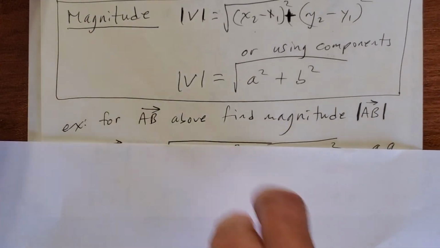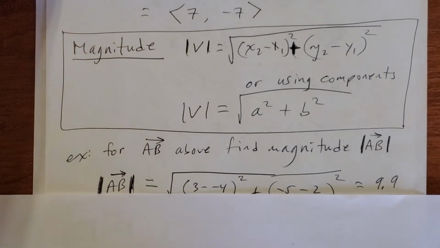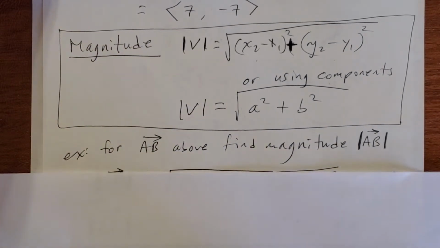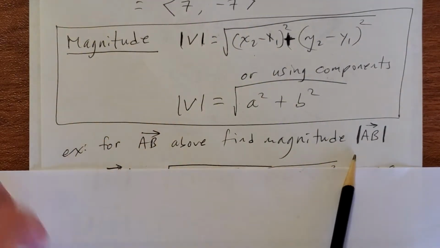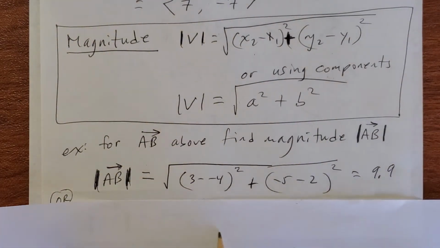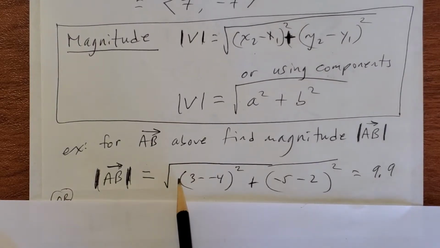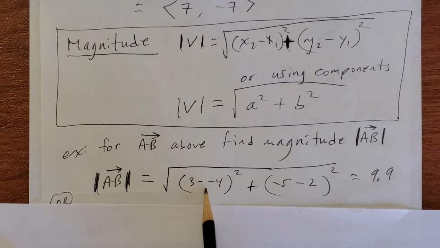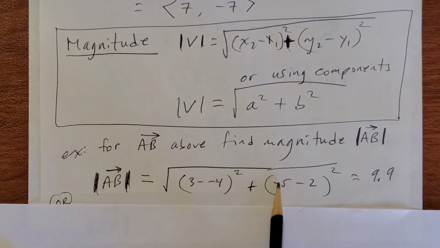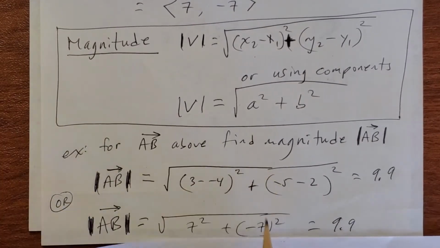So for example, for AB above, we're going to use the same vector above. Find the magnitude. If we use the points, it's 3 minus -4. Didn't we just do this? Yeah, to get the component, which was 7, -7.